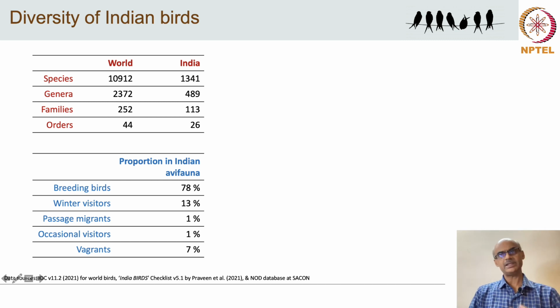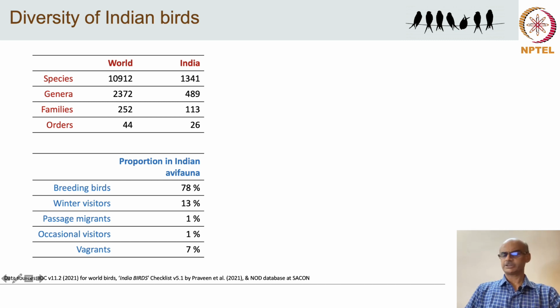But when we take India as a whole, 78% of them are breeding birds and 13% are winter visitors. This means that this 13% are long distance migrants from Europe, Central Asia, Eastern Asia, and also very rarely the Middle East.